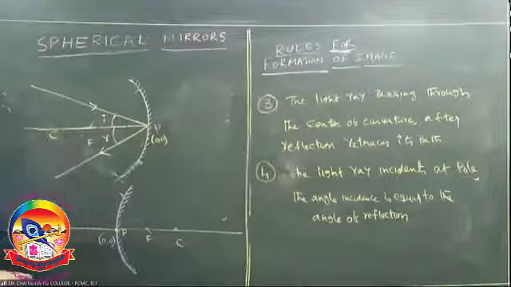Relation between the radius of curvature and the focal length: R is equal to 2 times the focal length. This is applicable for the convex mirror also. Have a snapshot.